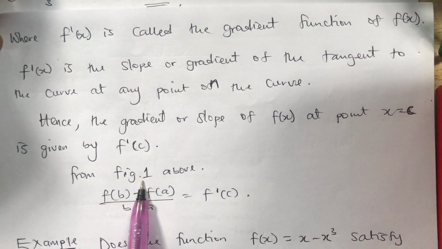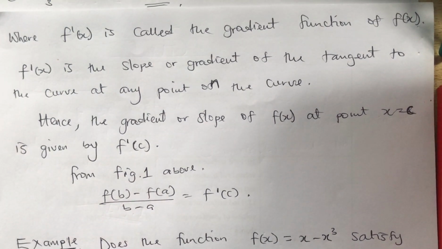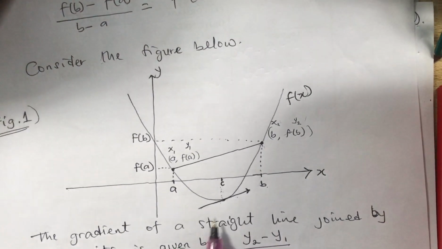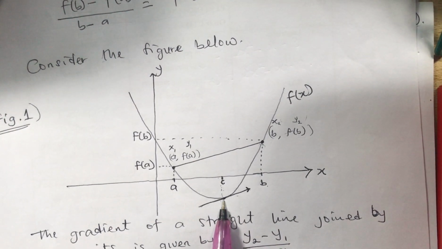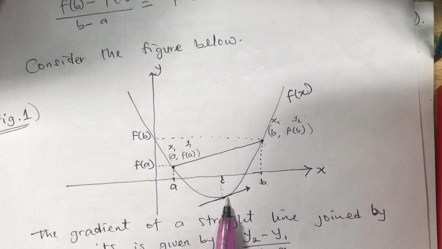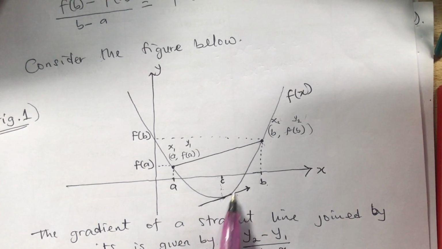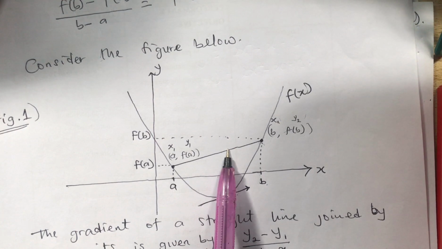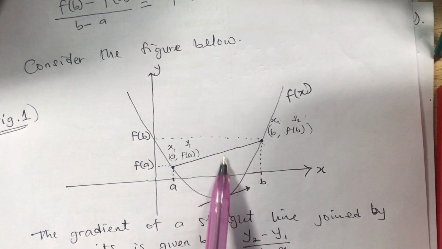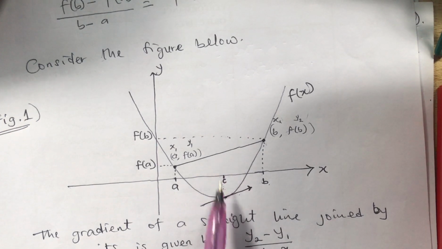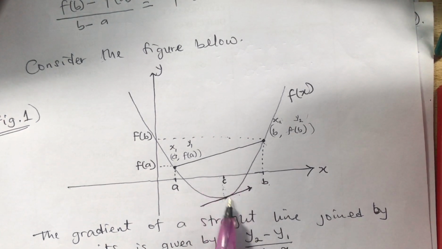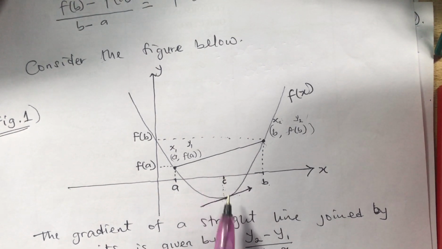So from the figure above, the tangent to the curve at point x equals c is this. And notice that this tangent is parallel to this secant line. They are parallel, which means they have the same slope, since parallel lines have the same gradient.